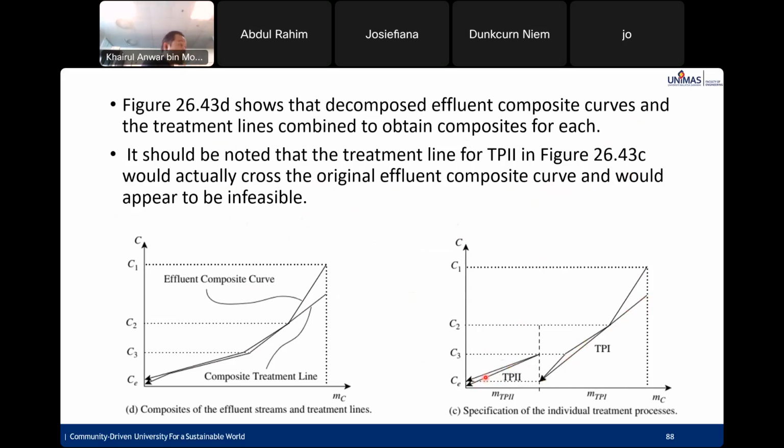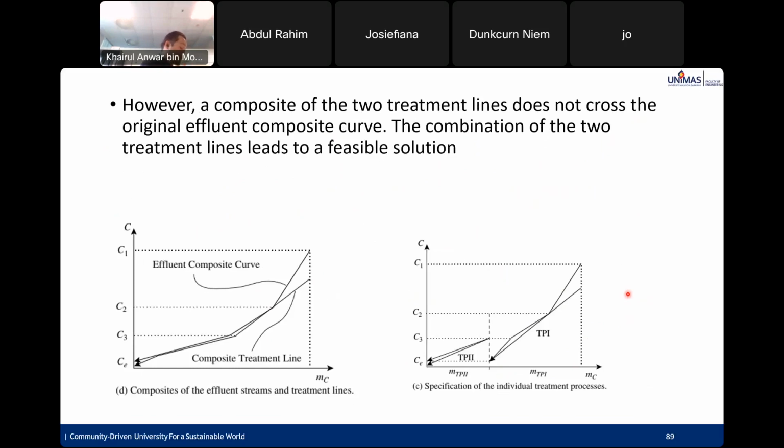If you still remember, the water supply line cannot exceed or go above the composite curve. Otherwise, the design would be infeasible. However, the composite of the two treatment lines does not cross the original effluent composite curve. The combination of the two treatment lines leads to a feasible solution.